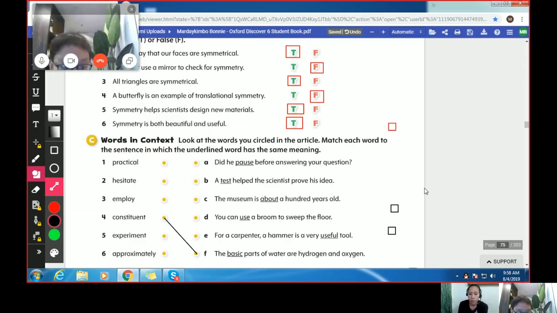Because the basic parts of water are hydrogen and oxygen. So when you say basic or the constituent, what composes water are hydrogen and oxygen. So those are its constituents. Those are the elements. Okay, now I want you to answer letter A.